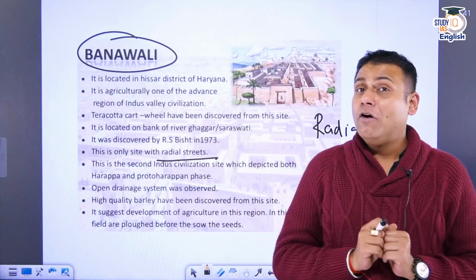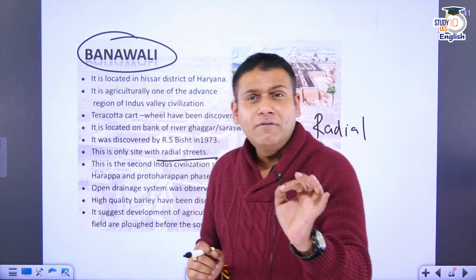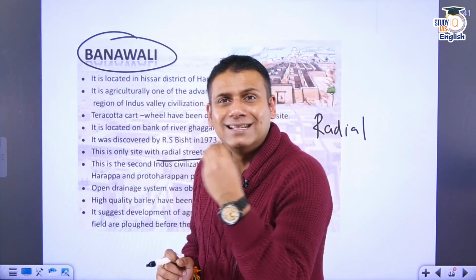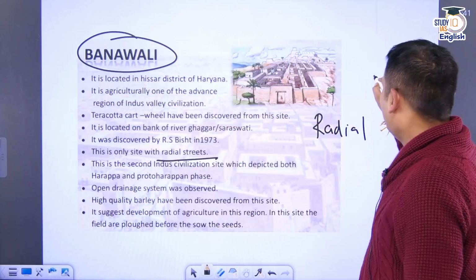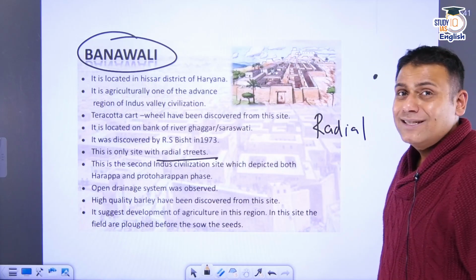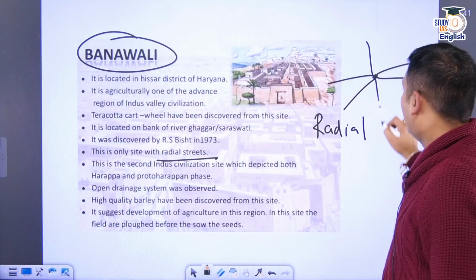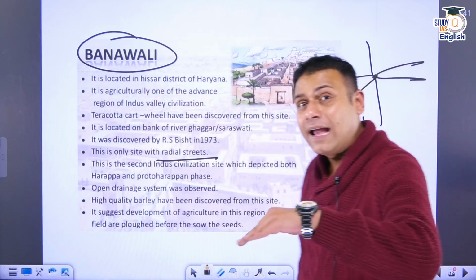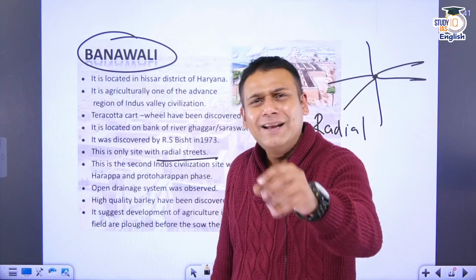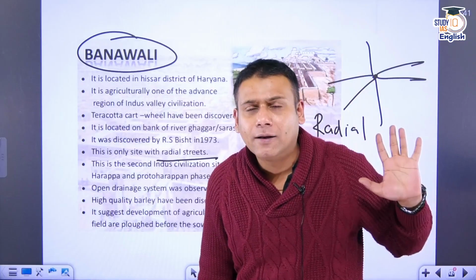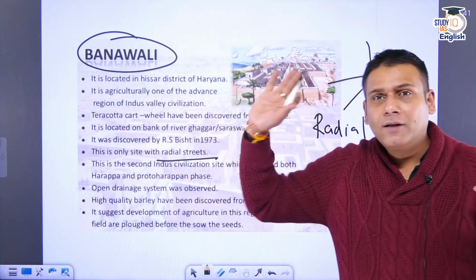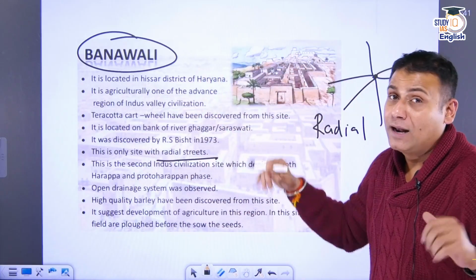But at the site of Banavali, one can observe a radial street pattern. In simple words, from the central part of the city, you can see the roads going in different directions, not particularly at right angles. And this is referred to in simple words as a radial street pattern. So a radial street pattern has been observed at the site of Banavali.